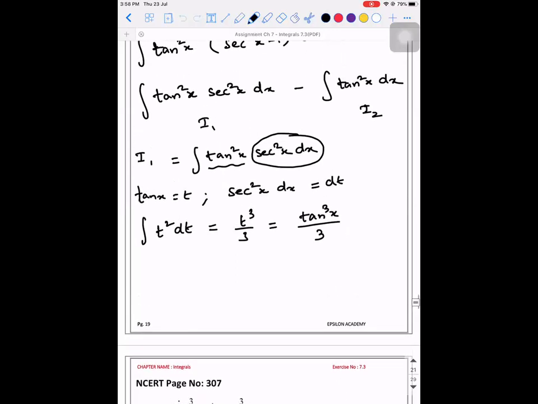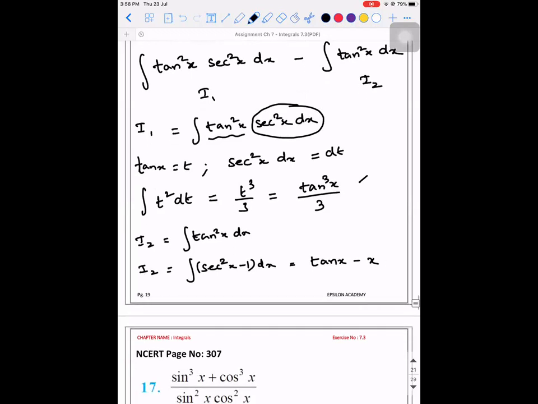So I hope I1 is clear, right? Is everyone clear with I1? So for I2, what can we do? I2 is equal to integral of tan square x dx. So I2 will be integral of secant square x minus 1 dx. So this will be integral of secant square x, which is tan x, minus integral of 1, which is x. So what will be the value of I1 minus I2?